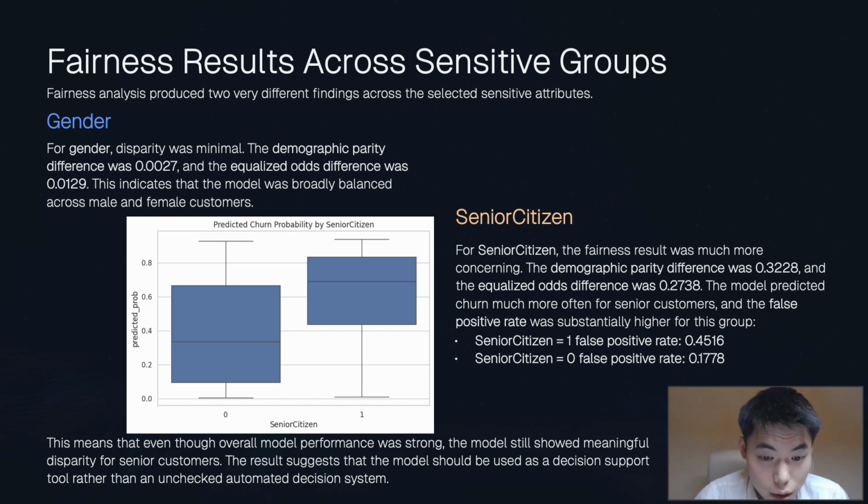This is important. It means the model works well overall, but it does not fit equally well for every group. So my conclusion is simple: this model should be used to support decisions, not to make automatic decisions by itself.